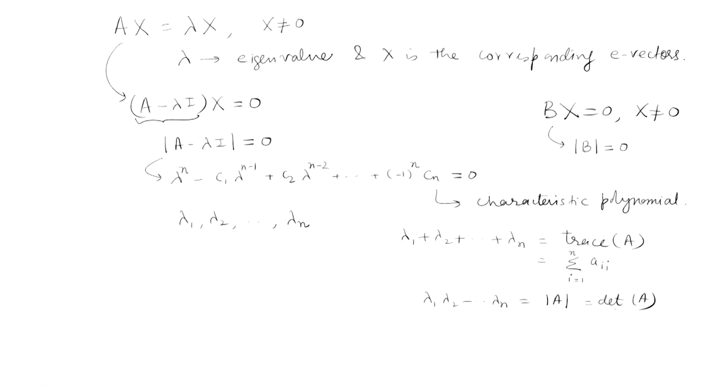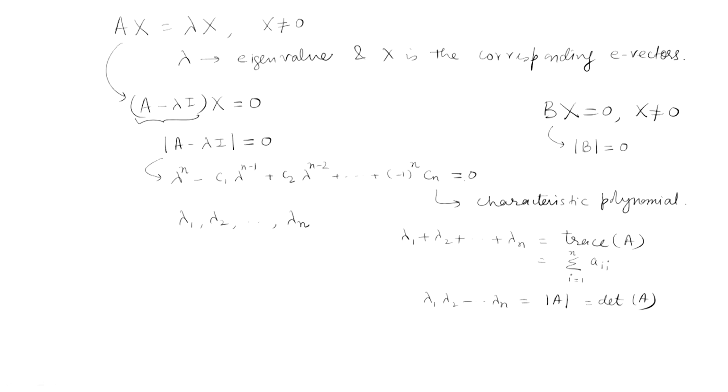Now, Cayley-Hamilton theorem states that if this is the characteristic polynomial of a matrix A, then my matrix always satisfies the characteristic polynomial.